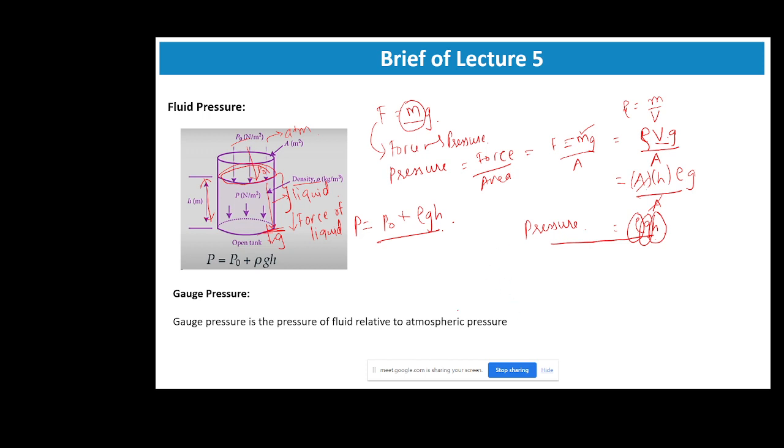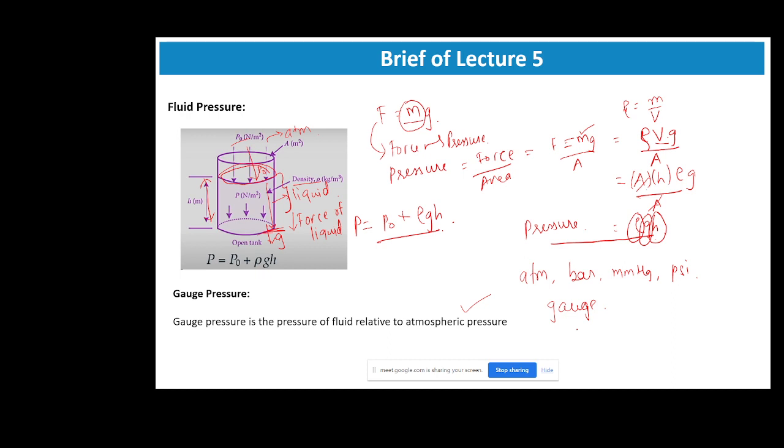Now there are various terminologies that we use, and there are various reference points also. We can measure pressure in terms of atmosphere, bar, mmHg, psi, etc. There is one more terminology, which is gauge pressure. This pressure is usually measured with reference to the atmospheric pressure.